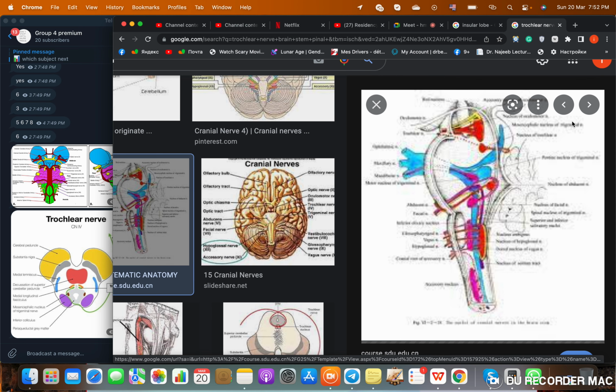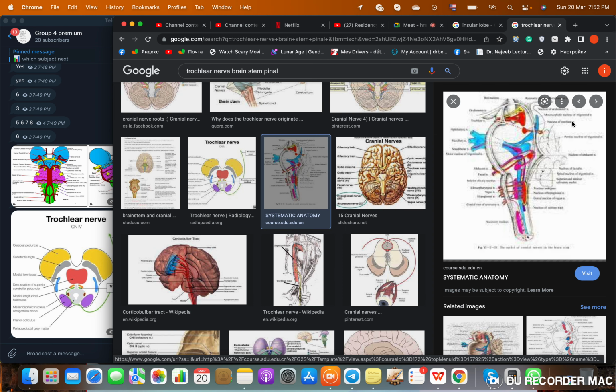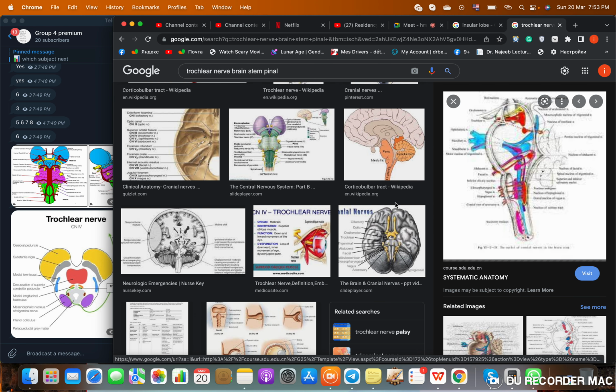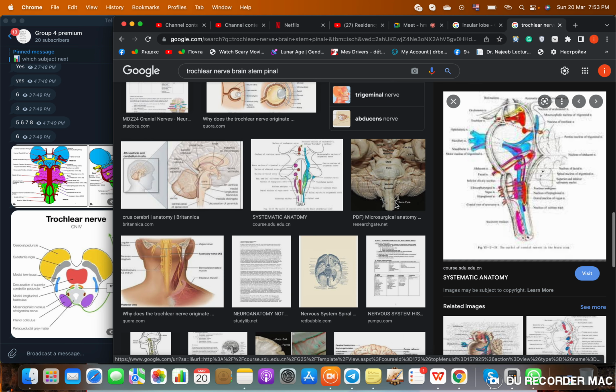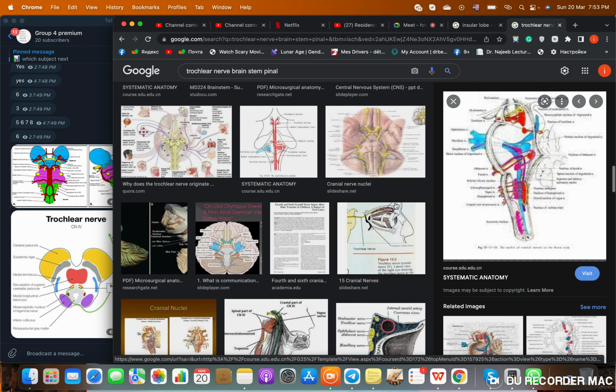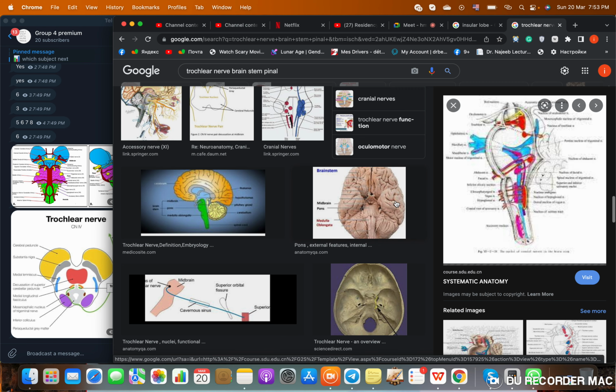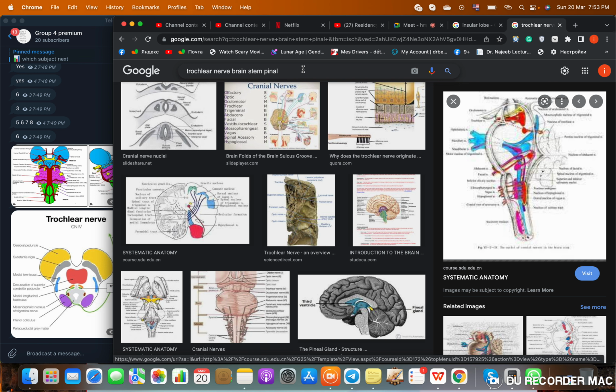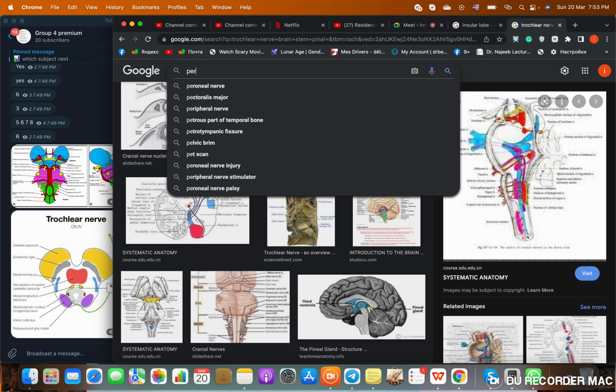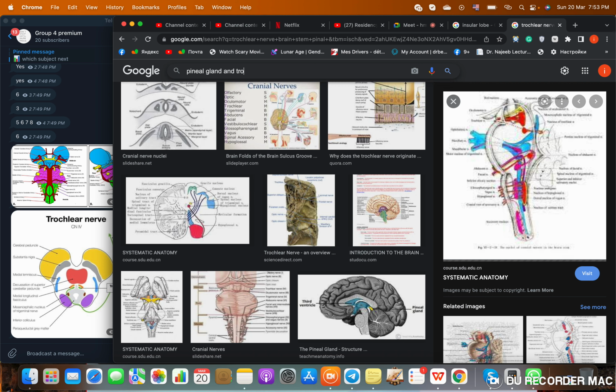So because the pineal gland is located immediately behind it, in case of a pinealoma, which is enlargement of the pineal gland, the first nerve to be compressed is the trochlear nerve, which is going to lead to symptoms regarding it. So pineal gland and trochlear nerve.